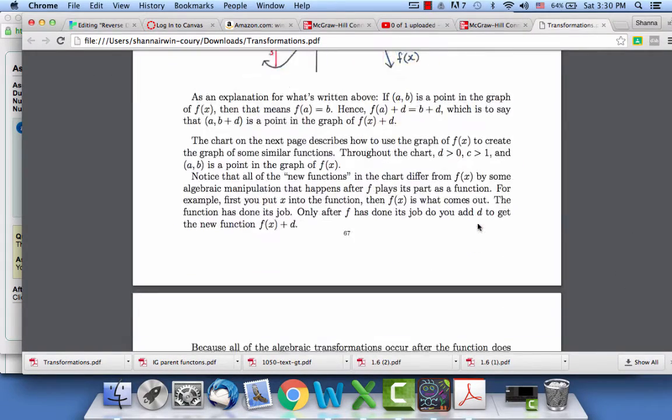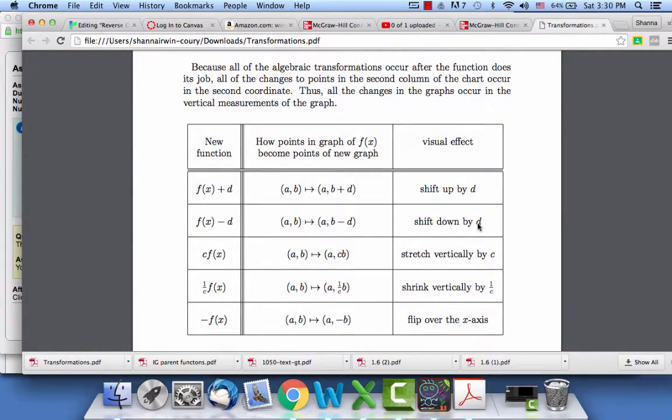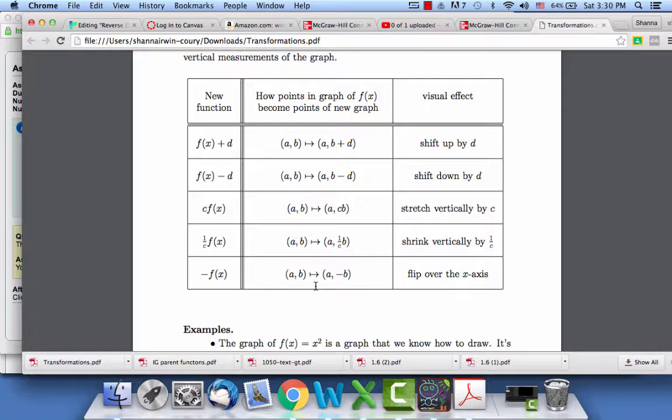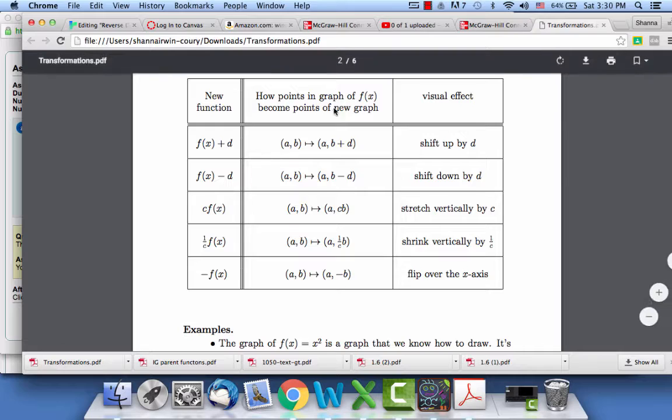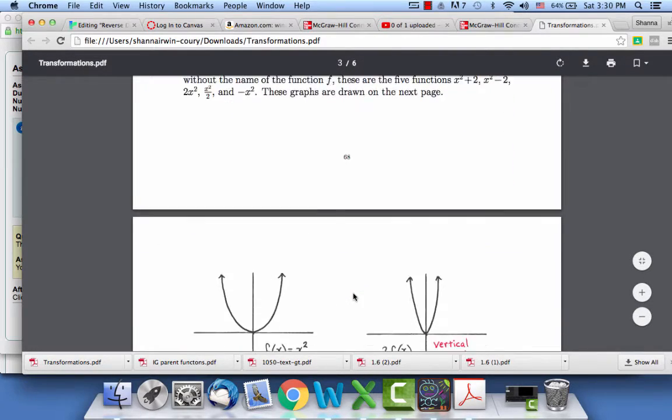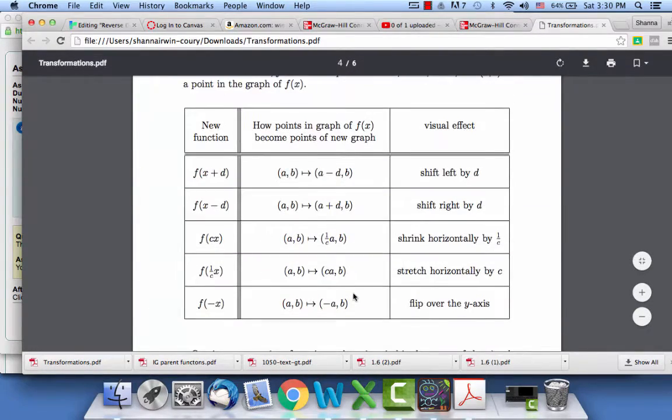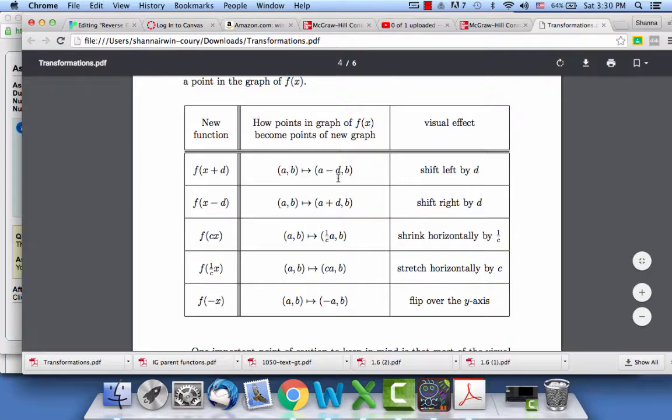The thing that people have started doing a little more heavily is doing a kind of t-chart and doing these transformations by hand and then plotting the new points instead of considering the shift. Because these are after the fact, you just add d, subtract d, multiply by c, and remember it's vertical, it's all on the y side. This one, it's all on the x side, so it's on the first component, and it's reversed.